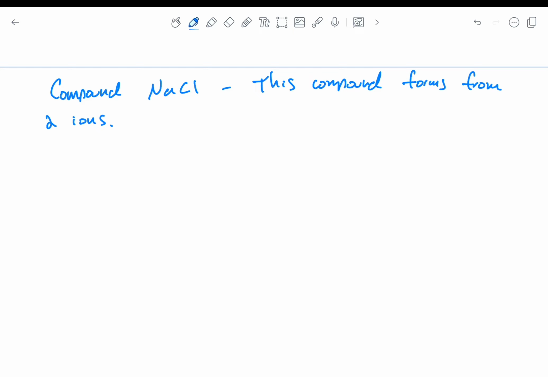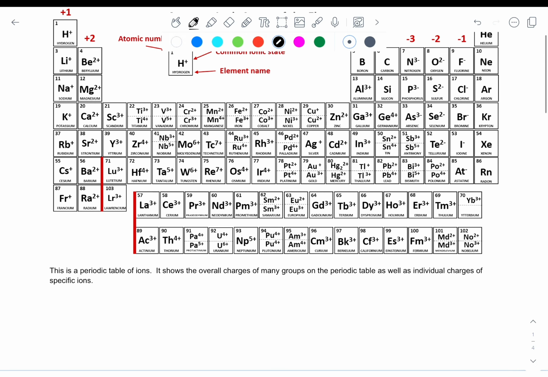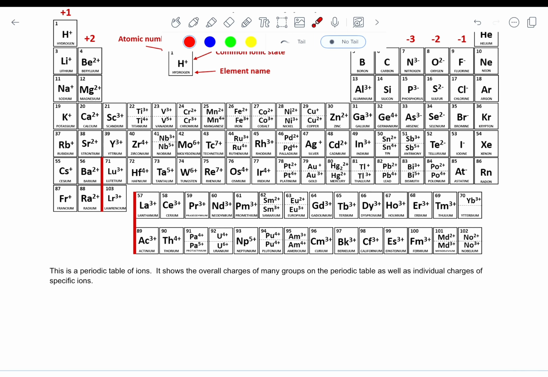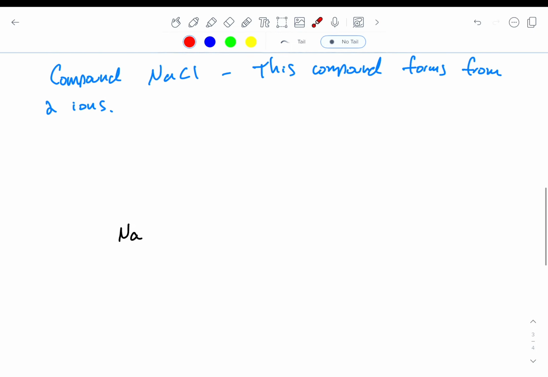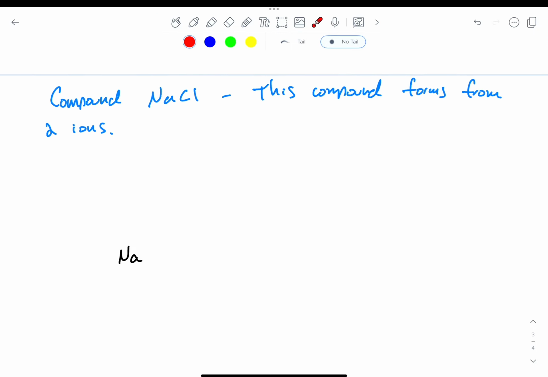The first thing we're going to do is some memory work. We're going to start by remembering that the element sodium is Na, and if we go back to our periodic table and look, we see that sodium has an atomic number of 11. So that's what we're going to write right here.